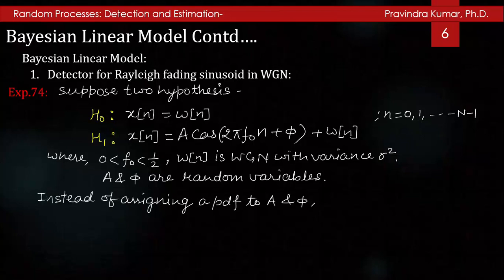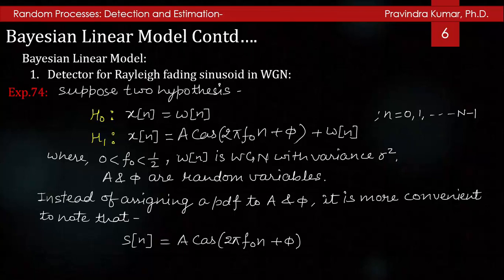So instead of assigning a PDF to A and phi, it is more convenient to note that here s[n] is equal to A cos(2 pi f0 n plus phi), and cos(a plus b) is cos a cos b minus sin a sin b.